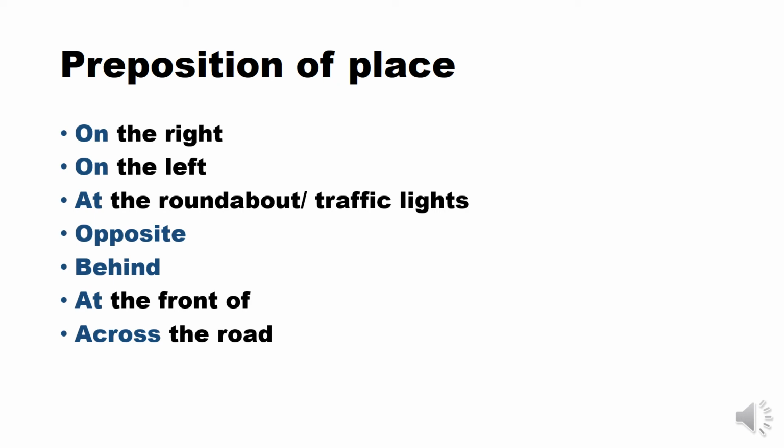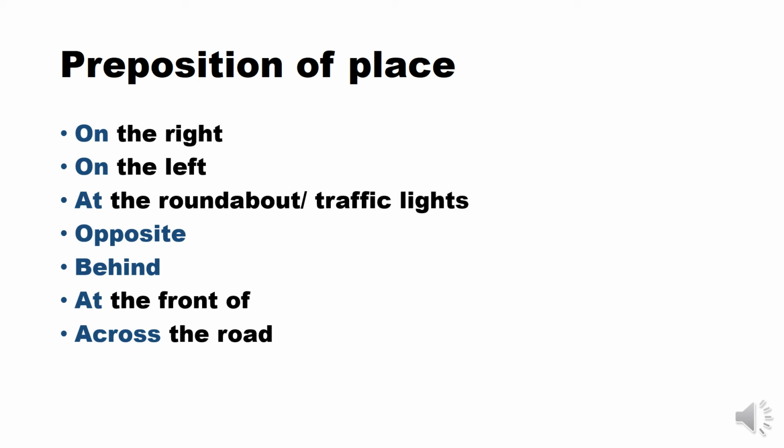So when we are giving directions, we need to be clear, because someone has to reach to a destination, and if we don't give them the correct directions, they will miss their destination. It's very important that we should use them correctly.